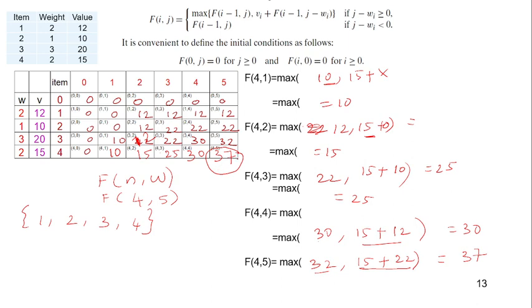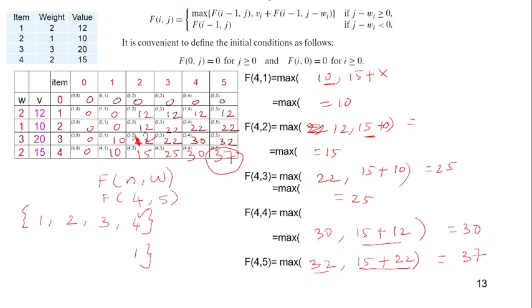What are the items? Here the fifth column, 5, is the maximum weight. So 37 is for the fourth item, so you include 4.